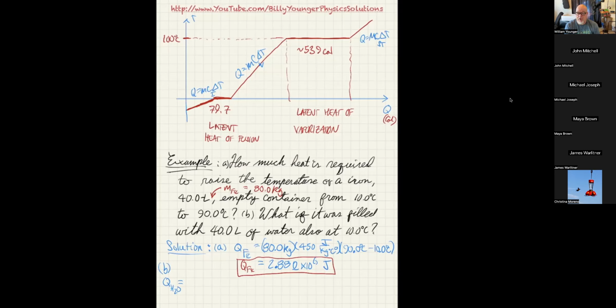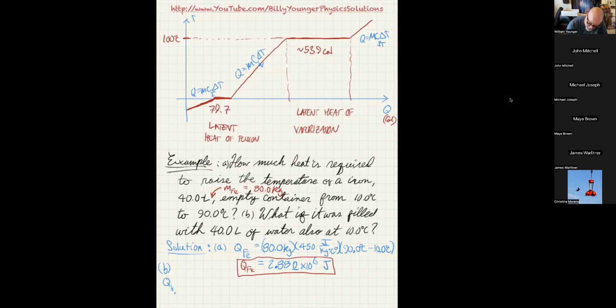Liquid water has a density of, and it's just a lot of wonderful numbers, which is why you should know it, because it's so easy to deal with. It's basically 1 gram per milliliter, 1 gram per cubic centimeter, 1 kilogram per liter, or 1,000 kilograms per cubic meter. Those are things you should just know. So since this is 40 liters, I know it's 40 kilograms.